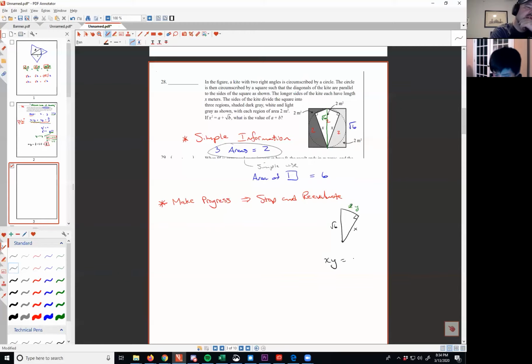Is it 1? Wait. 2. Yeah, it's 2 because x times y over 2 is the area, and that area is 1. So x times y equals 2. What else do we know about x and y? x plus y equals 6. No, x squared plus y squared equals 6. Yes.